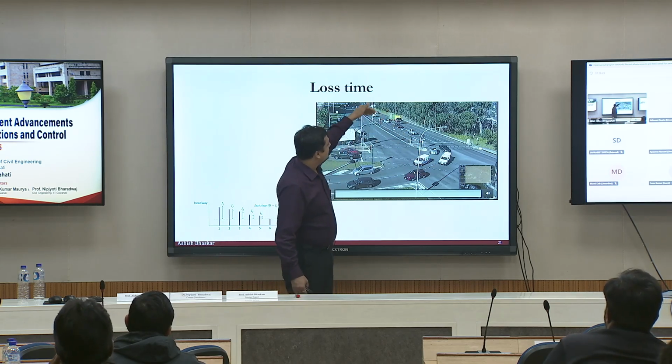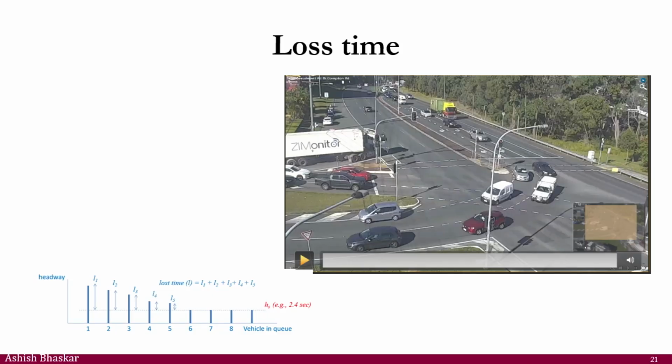The other vehicles start a bit early, and by the time they reach the intersection, they are already at the speed that should be there. So the headway of the first and second vehicle is generally larger than the other headways down the line.